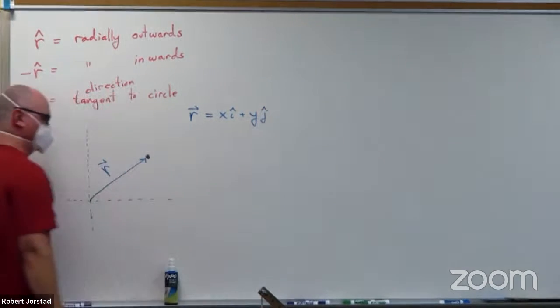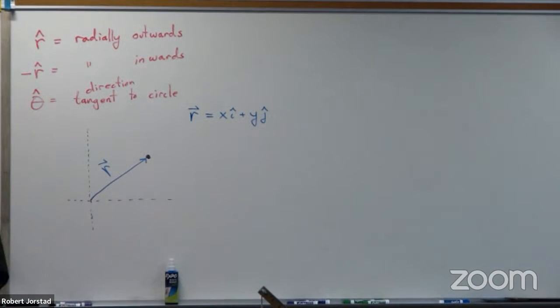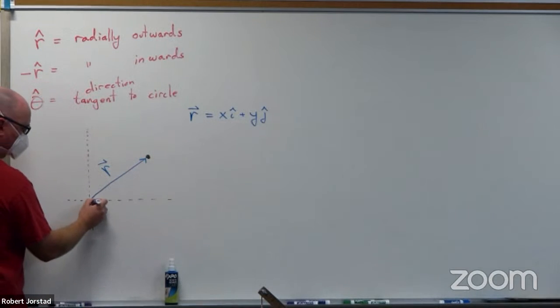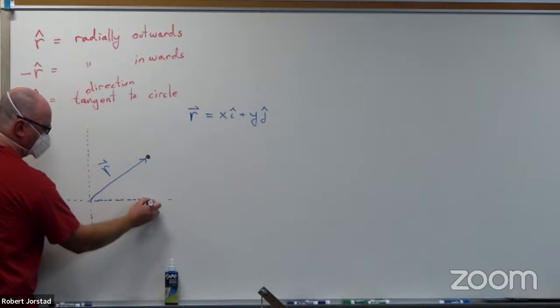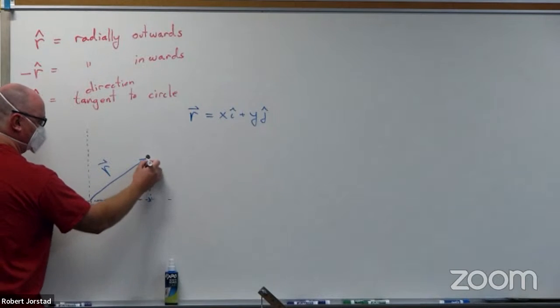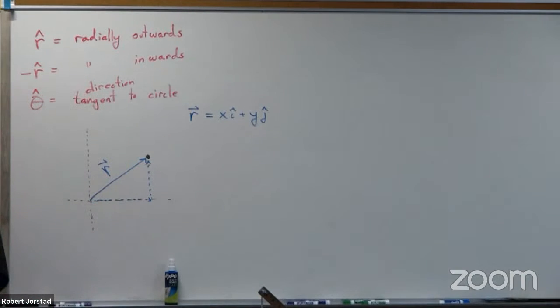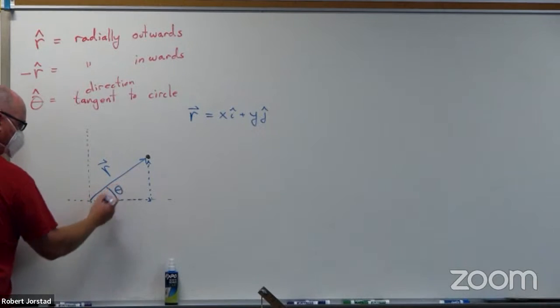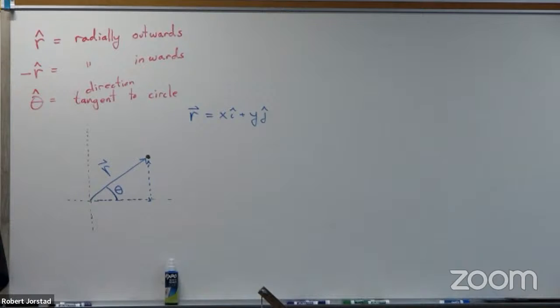We're going to just do 2D for right now. If this point was at some point x, y. But now let's layer in this. This is going to be the angle theta. Typically in a math class, it's from the positive x-axis going counterclockwise.